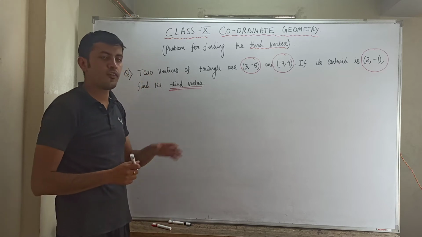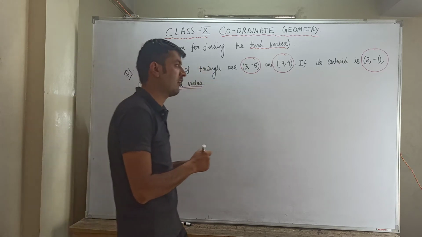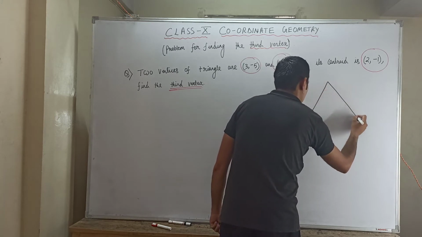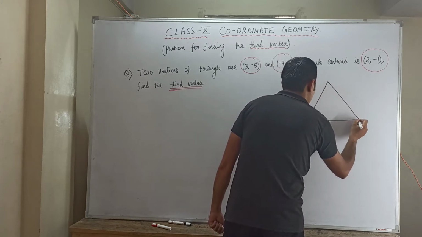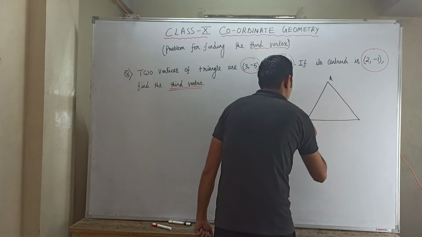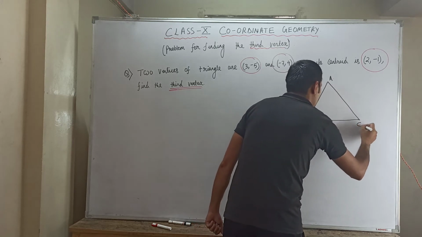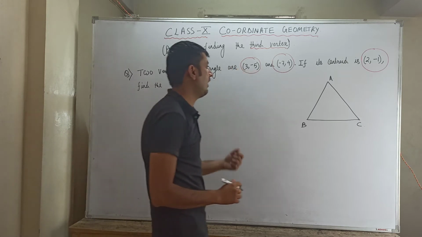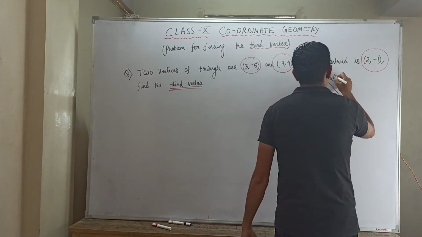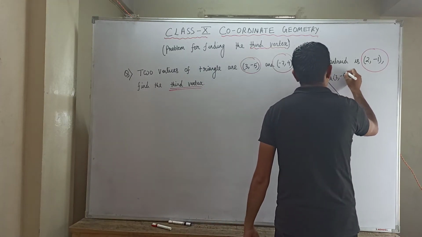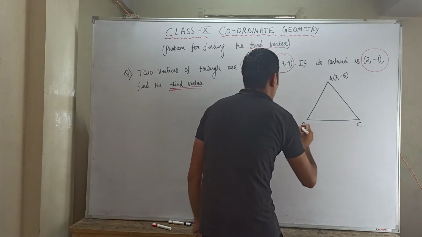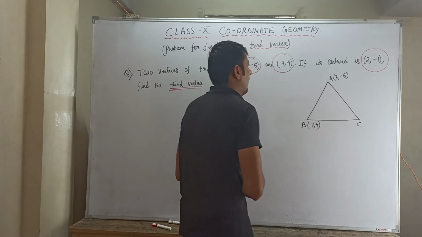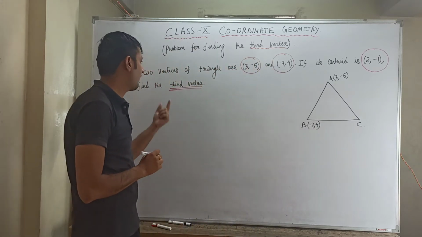In order to understand this problem, let us draw one triangle ABC. Two of the vertices are given. Let me take this one as A, which is (3, -5). Then the second vertex B is (-7, 4). And the centroid is given.